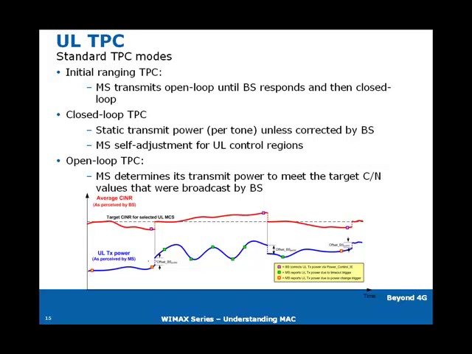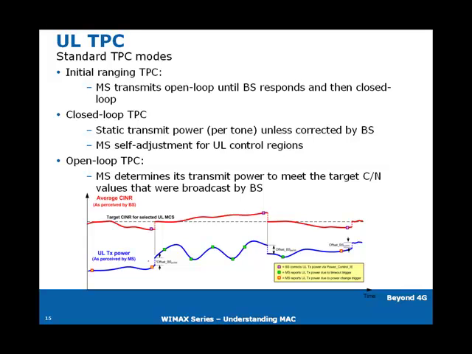In closed loop power control mechanism, mobile station keeps on transmitting until there is a correction which comes from the base station. So after the correction, mobile adjusts its power, and again starts the transmission, and then the base station again gives the power control request or information.